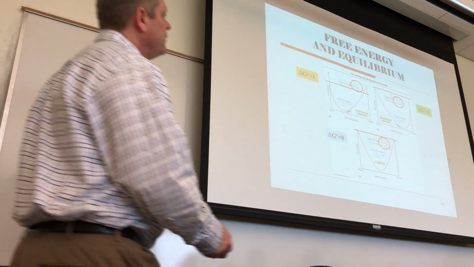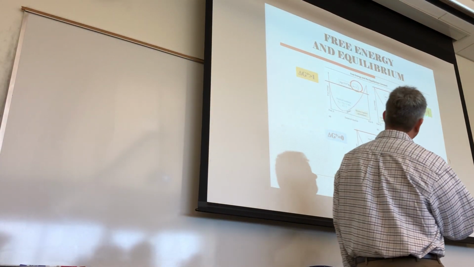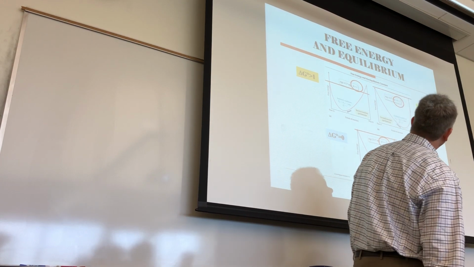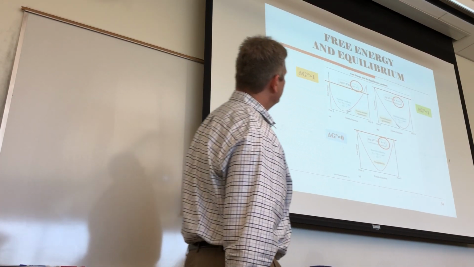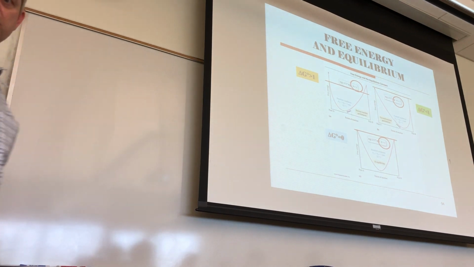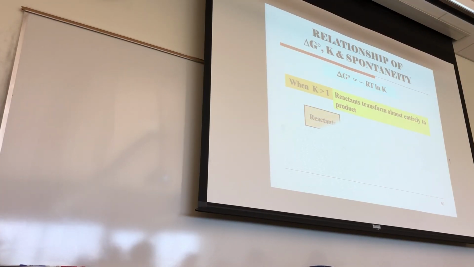And this is just delta G, it's kind of the same thing. Delta G would have to be less than 0. So the reaction is spontaneous in the forward direction.